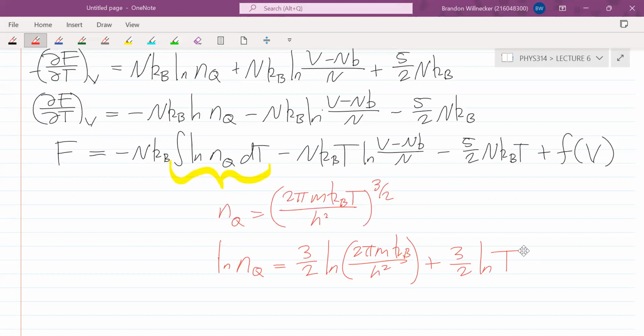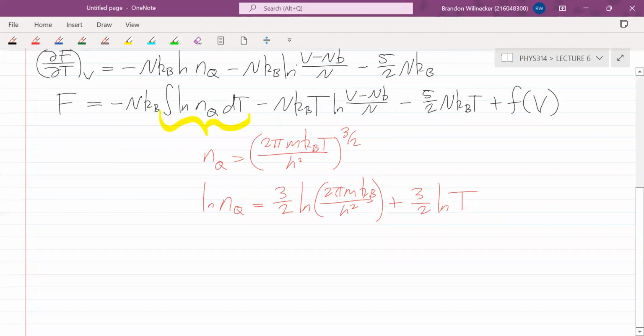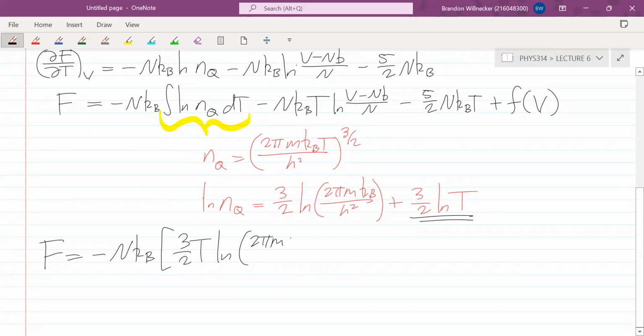So if we do that, we can integrate everything nicely. So F is going to be minus NkB, and then we're going to have 3 over 2 T natural log of 2 pi m kB over h squared plus 3 over 2 T ln T minus T, brackets there.